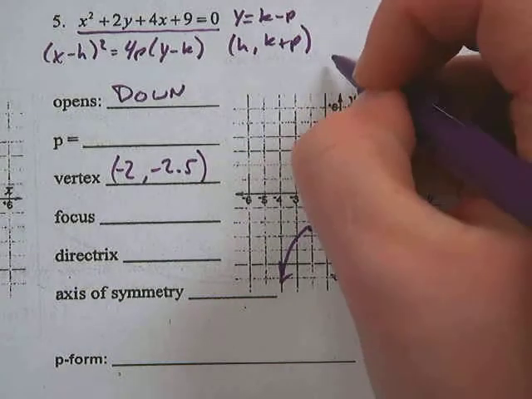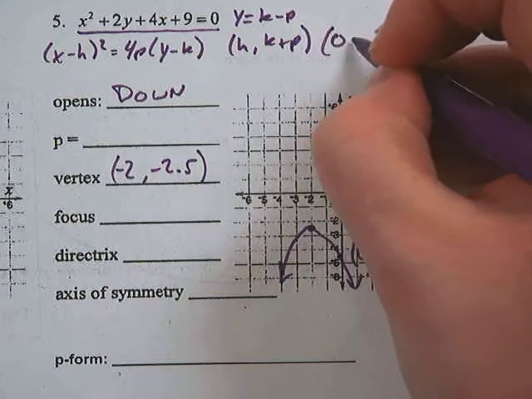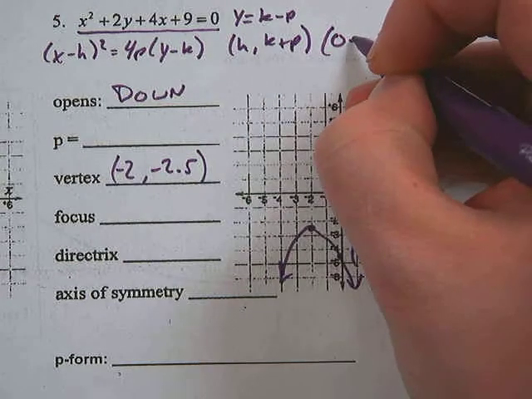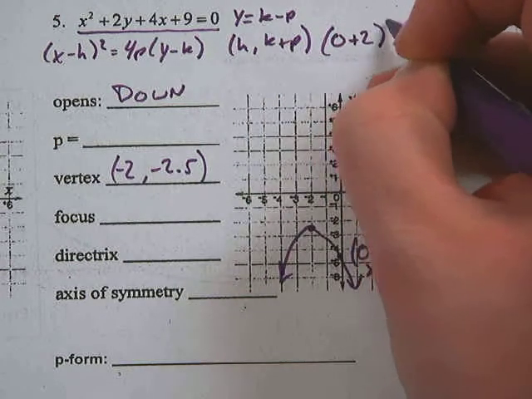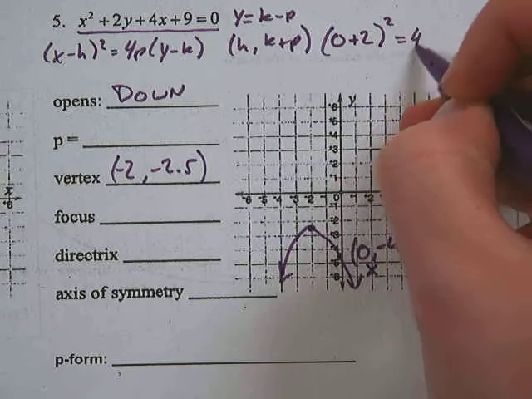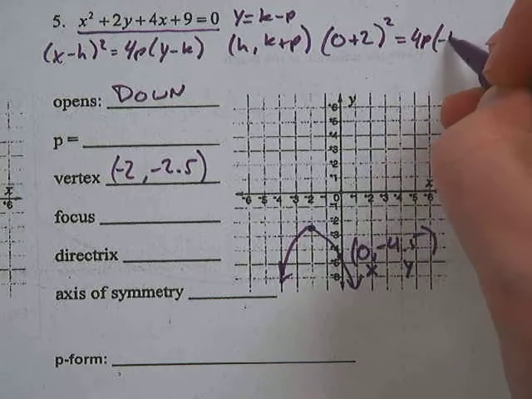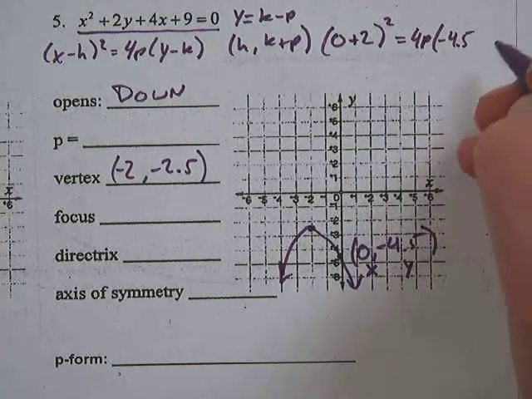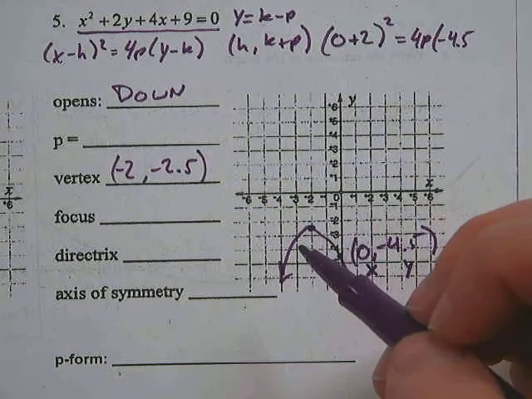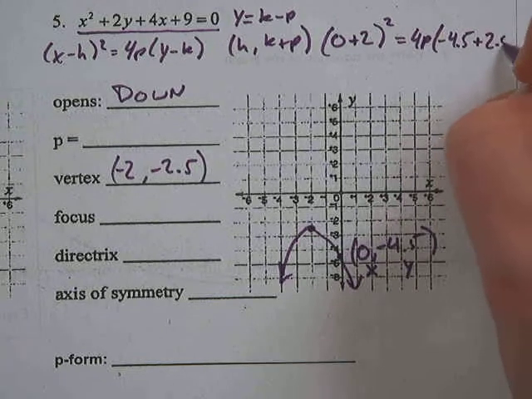So x is 0, so plugging that into this equation here. h is -2, so minus -2 becomes +2, squared, equals 4p times y, so -4.5, minus k, so k is -2.5, minus -2.5 is just like going plus 2.5.